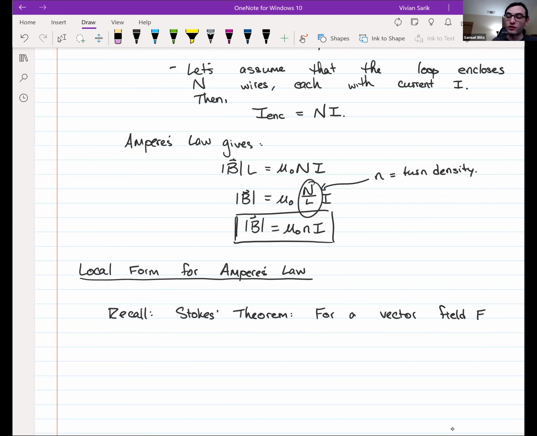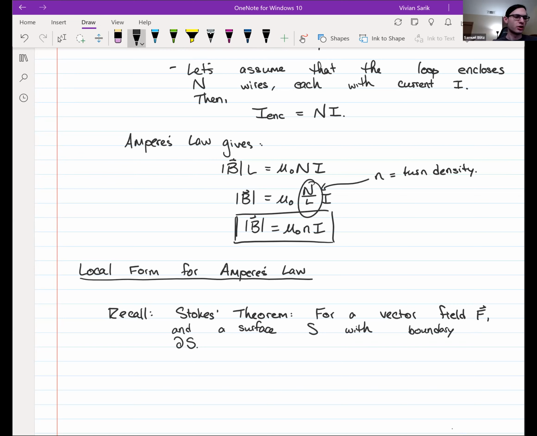What I'm about to do applies for any vector field, which will include the magnetic field. And a surface, call it S, with boundary. You may not have seen this notation before, but this is what it's typically referred to as. So it's like a partial S. It means that it's the edge.